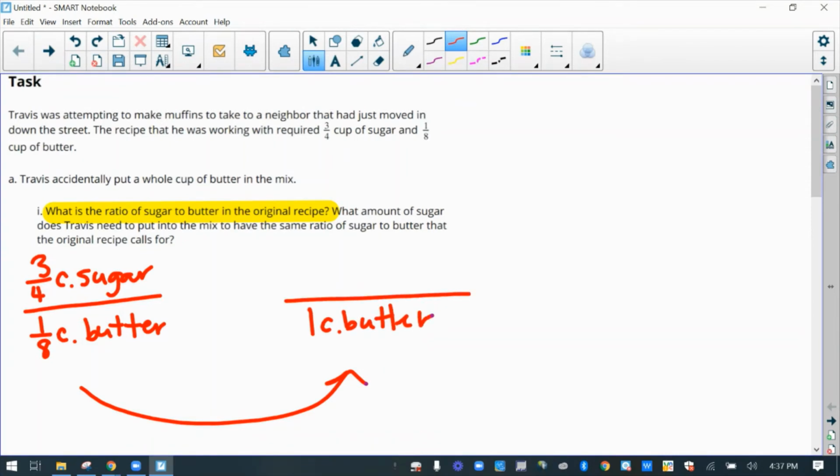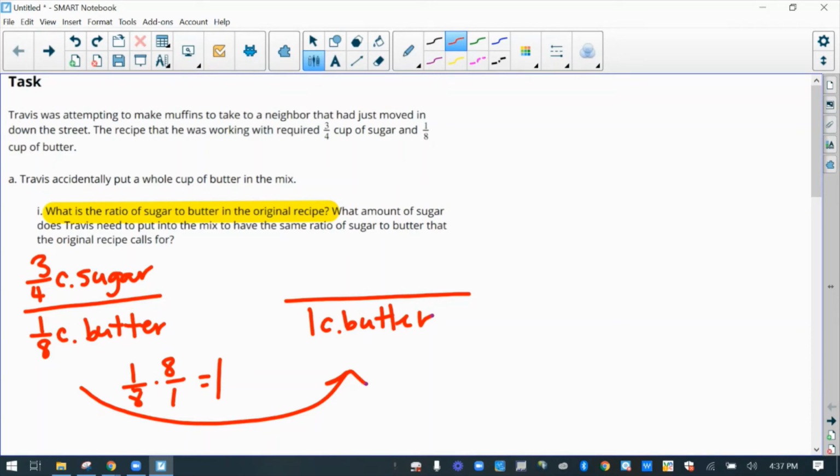And I could see here that that is 8 times more than what he needed. How do I know that? Well, if I have 1/8 cup of butter that I need, I know that in order to get 1, I would multiply by the reciprocal. Multiply by the inverse of the fraction.